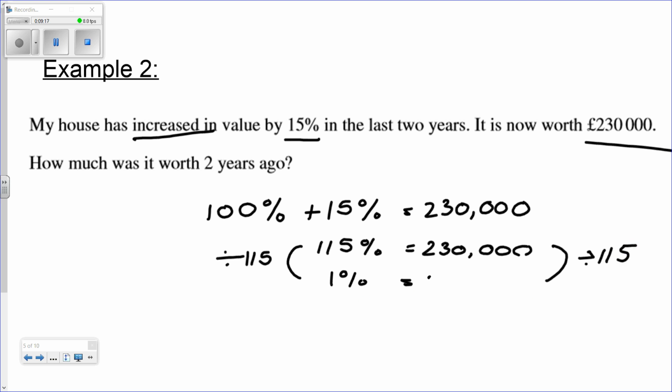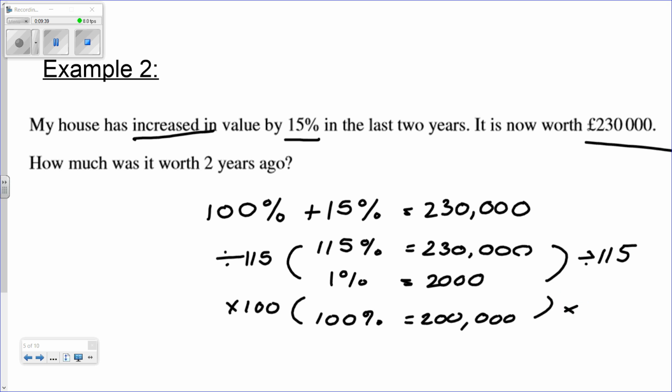That gives me £2,000. So 1% value is 2,000. I want to know what was 100%? What was it worth 2 years ago? So I'm going to times by 100. 1% is 2,000, 100% is £200,000. The house was worth £200,000 2 years ago.